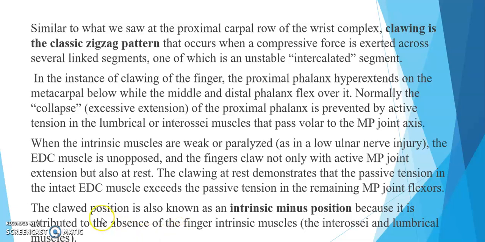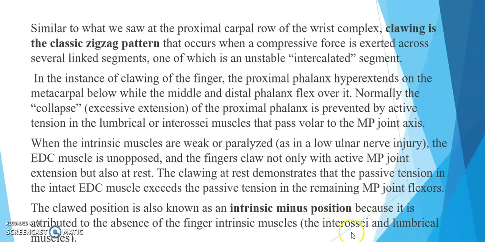So the claw hand position is otherwise called the intrinsic minus position, because the intrinsic muscles are not functioning here. Because of that, the flexor counter to the EDC muscle is not present.